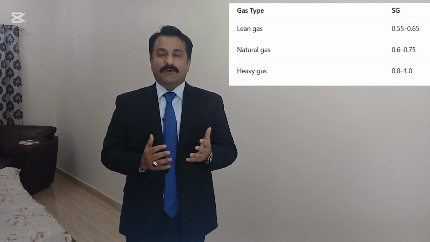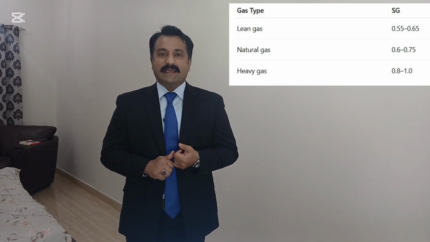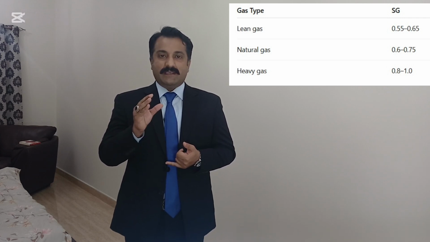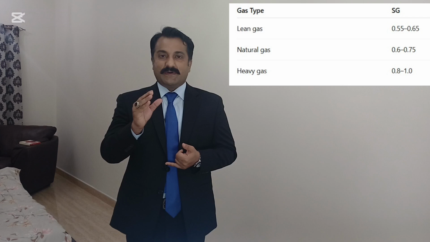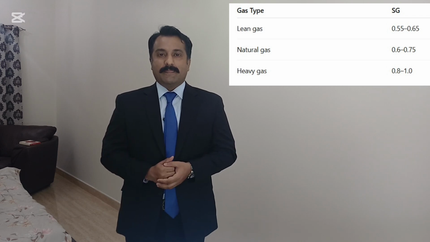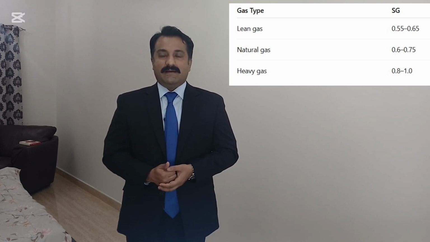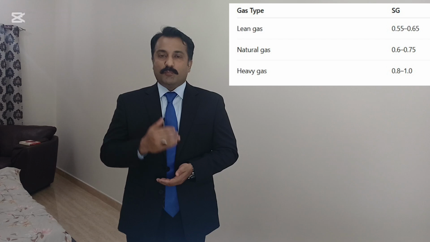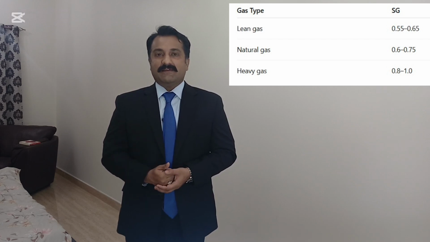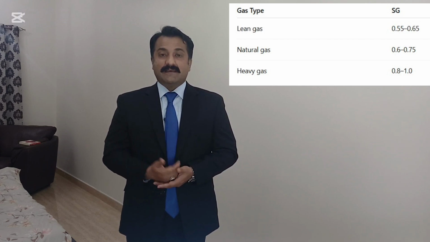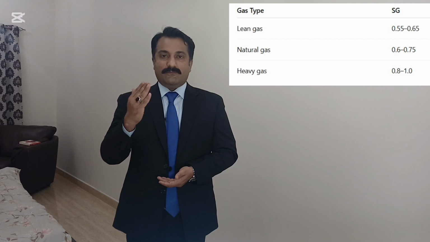Typical value for natural gas specific gravity is from 0.65 to 0.75. For lean gas, 0.55 to 0.65. For heavy gas, the value will be 0.8 to 1.